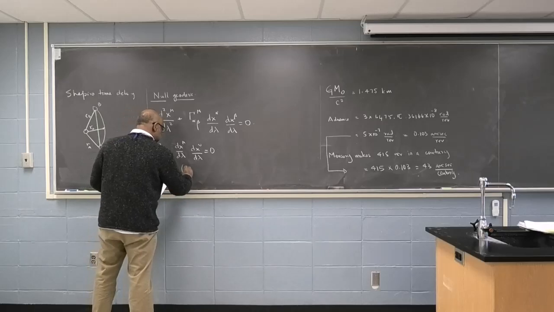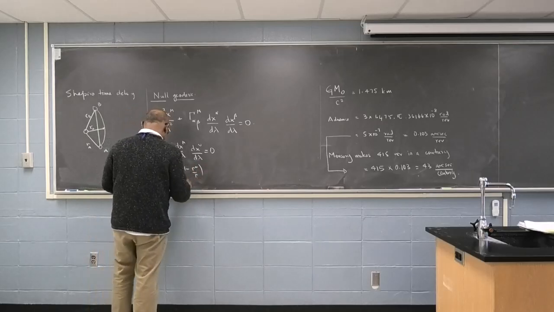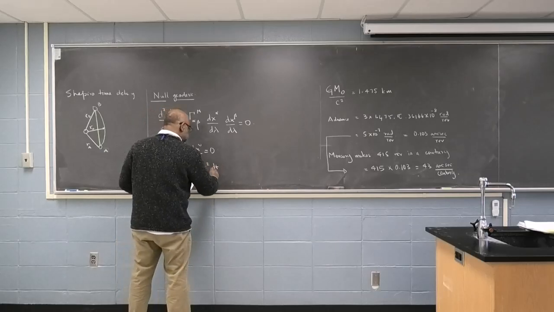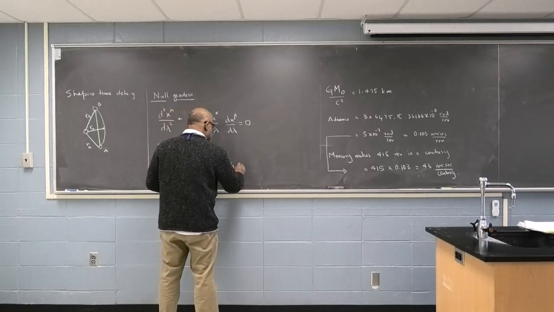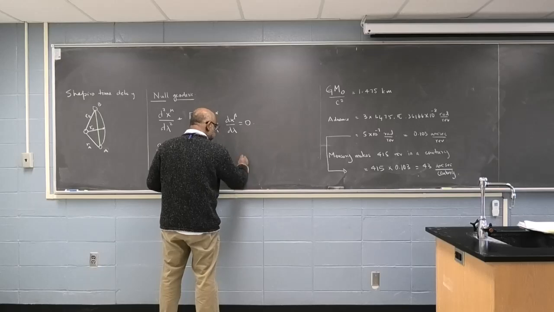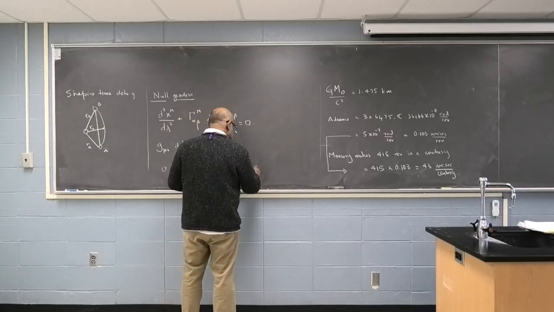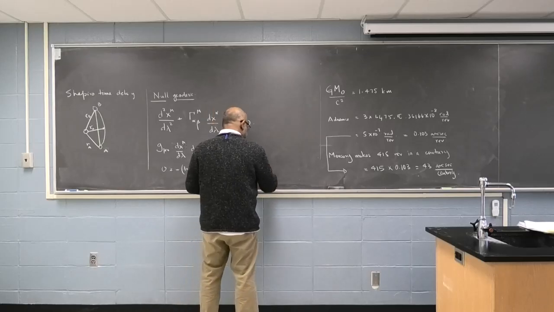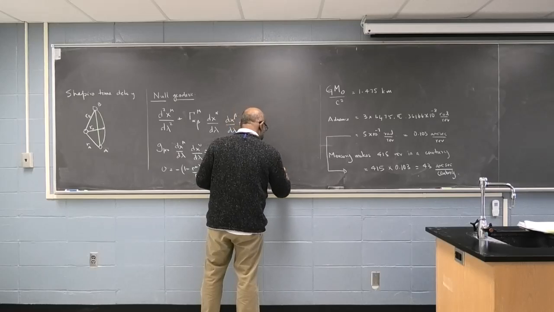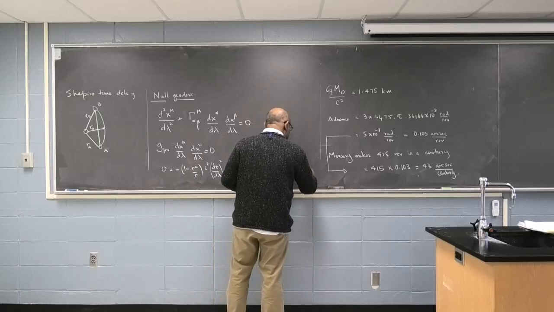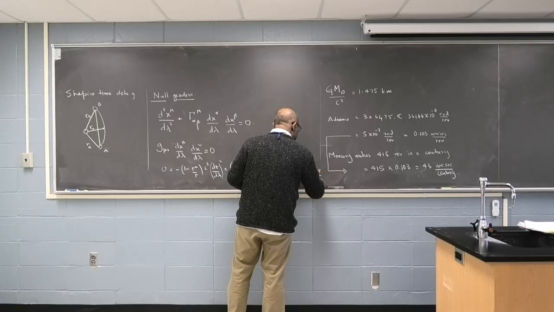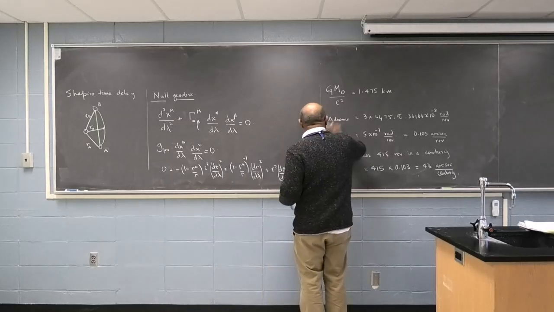The equation is the same: minus r star over r, c squared dt d lambda squared, plus, for the r component, this is in the denominator, so I put it as 1 over 1 minus r star over r, dr d lambda squared, plus r squared d theta d lambda squared plus r squared sine squared theta d phi d lambda squared. This is the null geodesic equation.